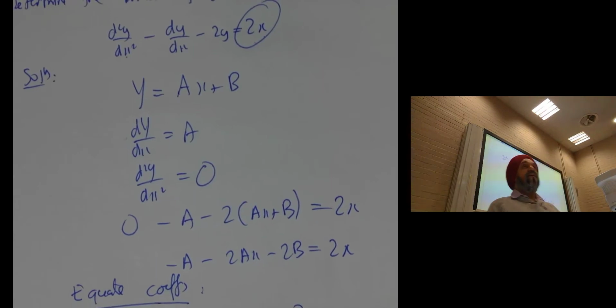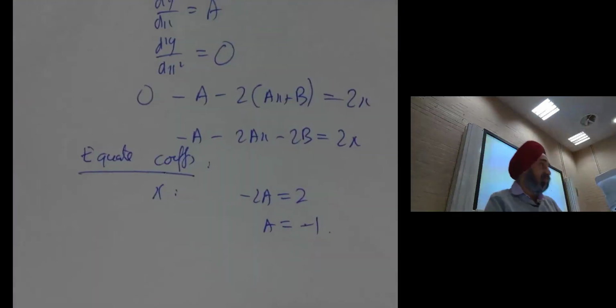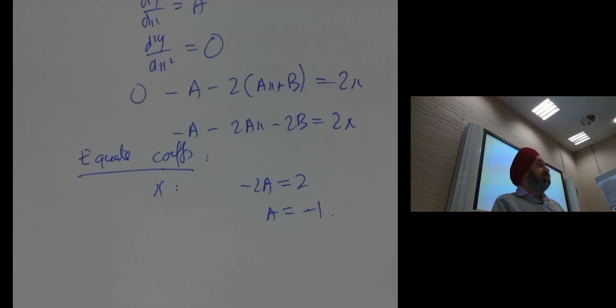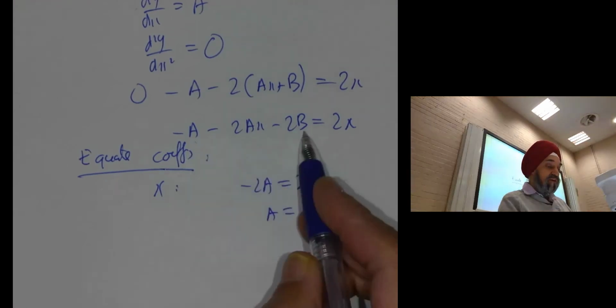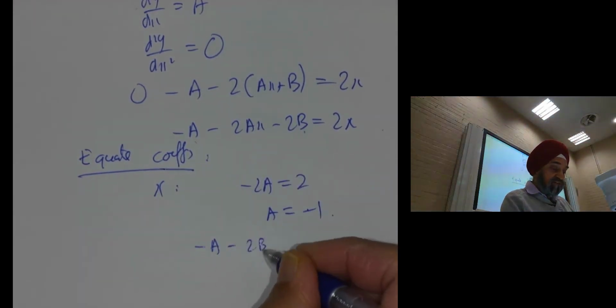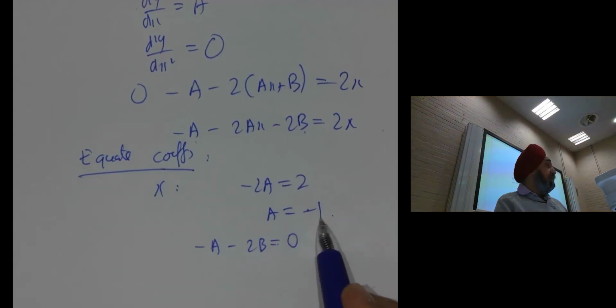How do we find b then? Minus a minus 2b is equal to 0, isn't it? A we just found is minus 1.